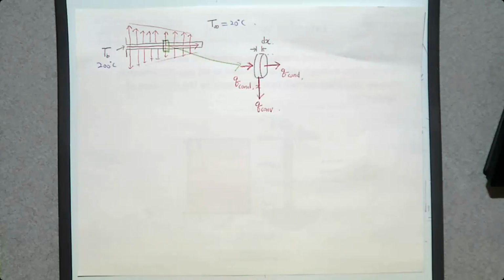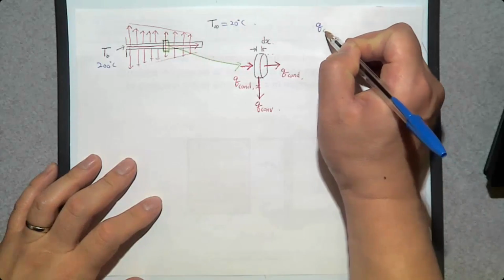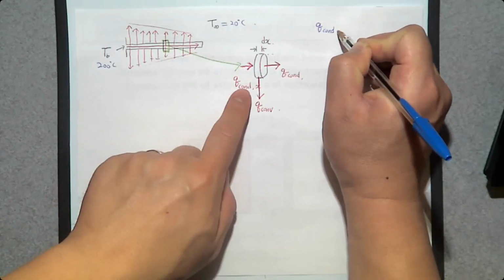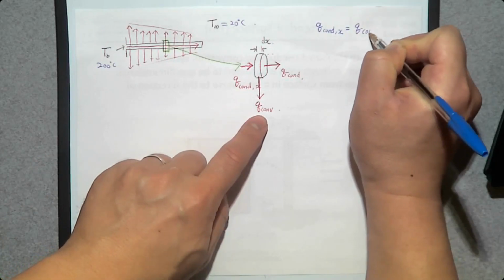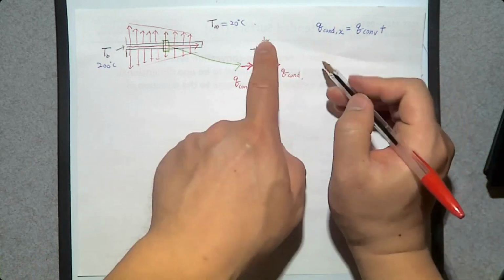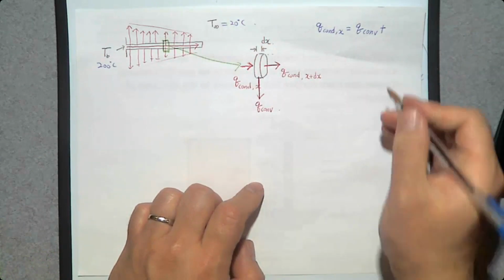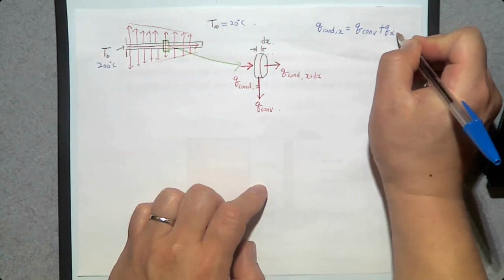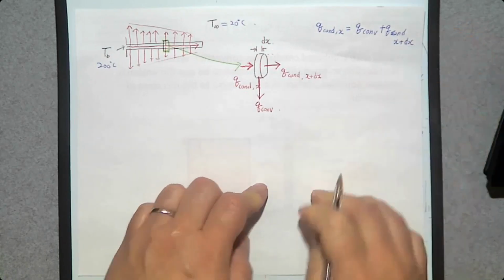When we talk about the conservation of energy principle, Q by conduction at x should be the same as Q by convection plus Q by conduction at x plus dx.